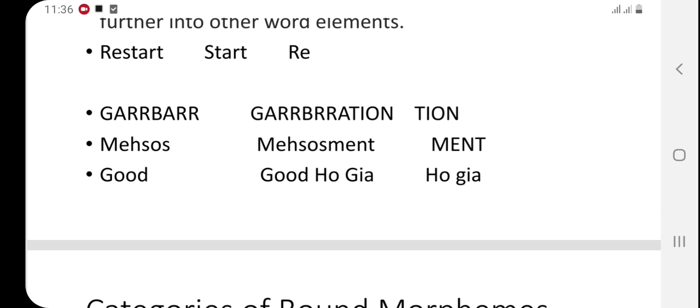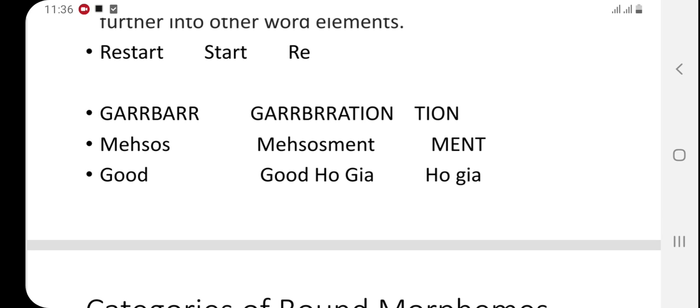In sociolinguistics we call it code switching and code mixing. But these three words that I have given you are not code mixing, not code switching. This is something, a new science of creation of words that we are creating.